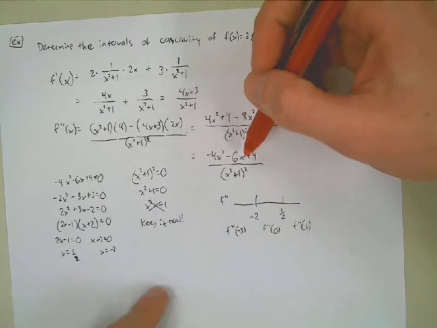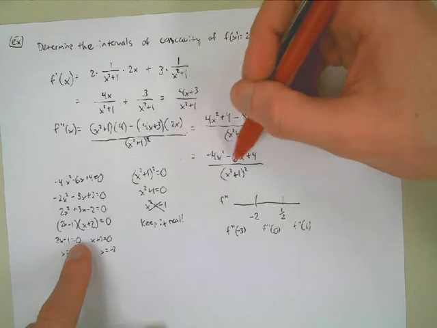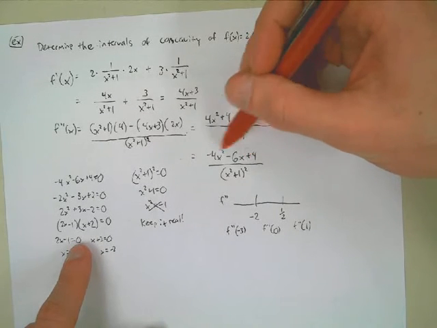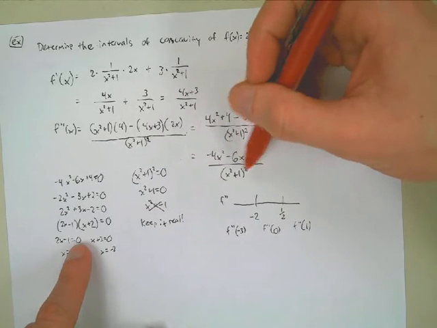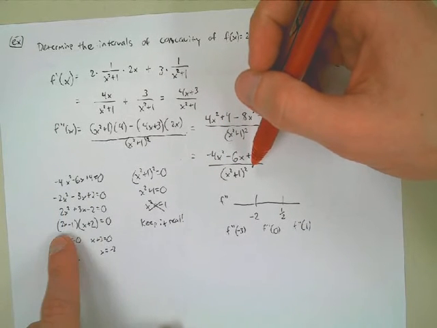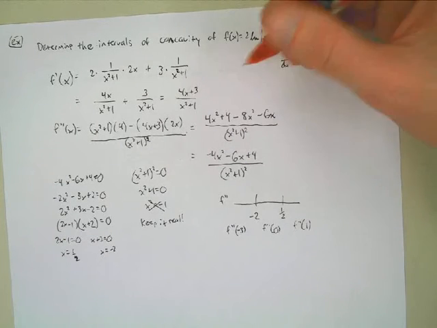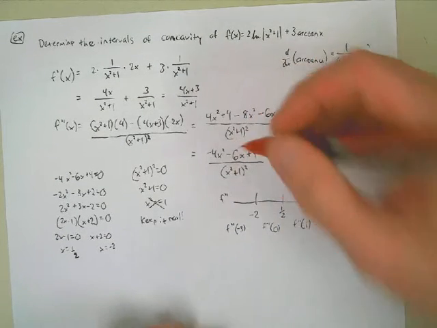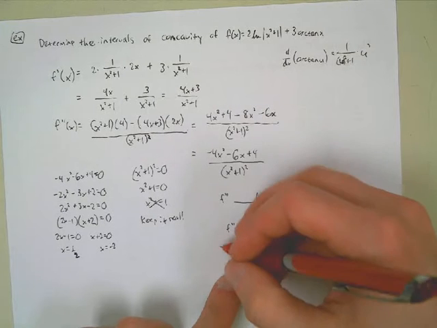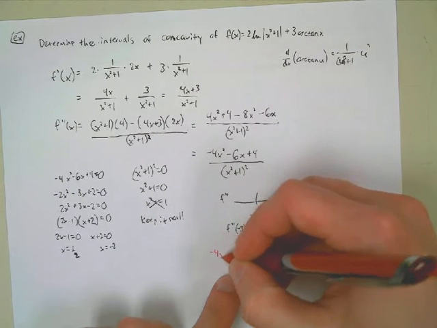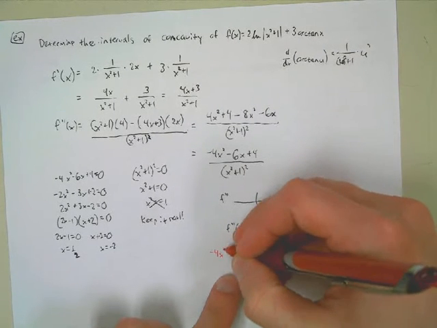And I'm not going to focus on the numerator as it's written right here. I'm going to focus on the factored version. Actually, never mind. I want to be careful about that. We want to plug it into the numerator here. Let me refactor that numerator, because I don't like what I did there. So -4x squared minus 6x plus 8.